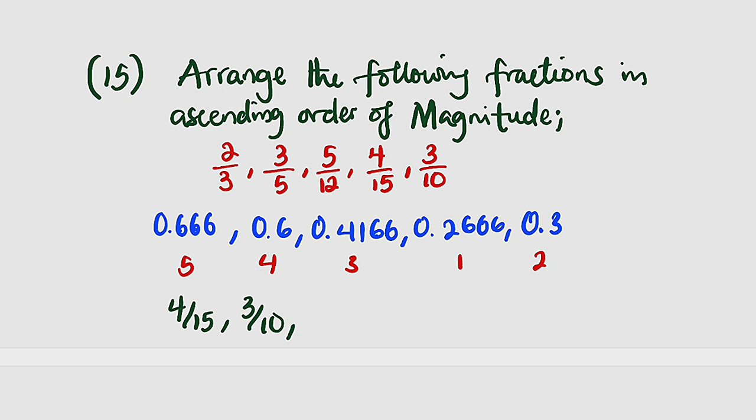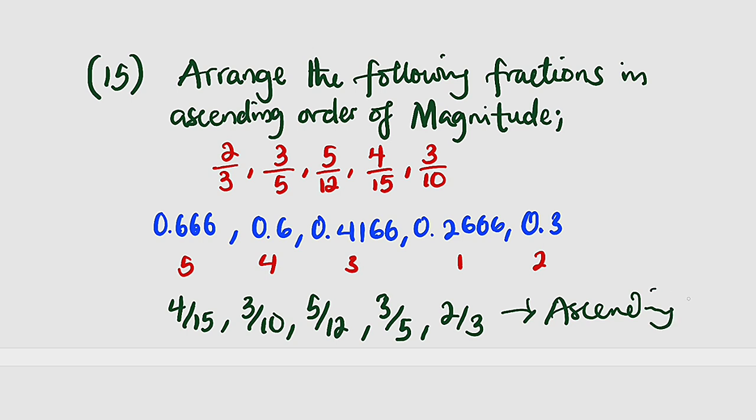Then number 3, which is 5 divided by 12, followed by 3 divided by 5. And lastly, the biggest is 2 divided by 3. And hence, this is written in ascending order.